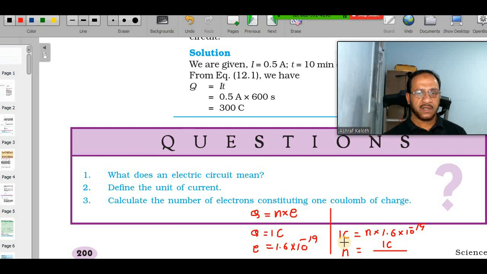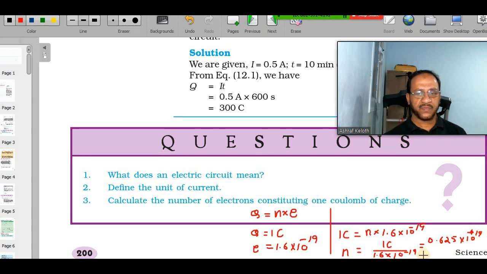It means N equals 1 divided by 1.6 into 10 raised to minus 19. When you divide 1 by 1.6, you will get how much? 0.625. And this 10 raised to minus 19 we can take to the numerator. How? 10 raised to plus 19.